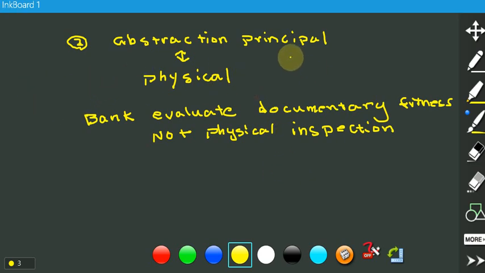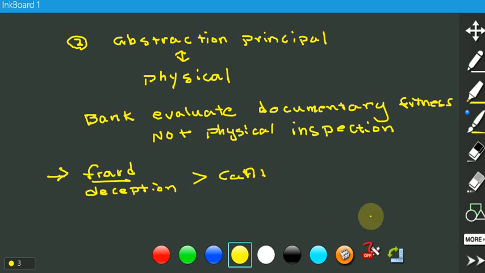This is the abstraction principle. Because of this, international fraud, deception can occur.